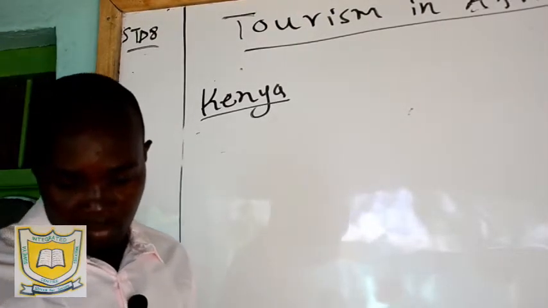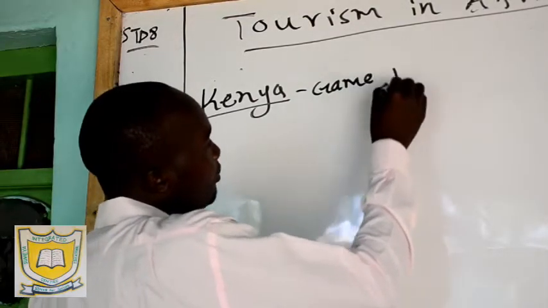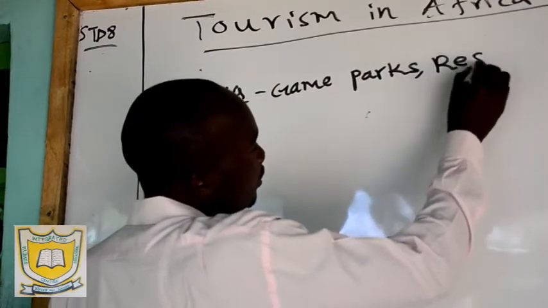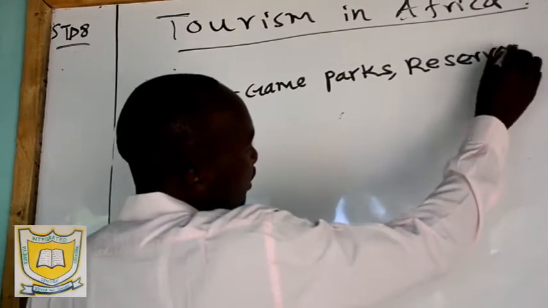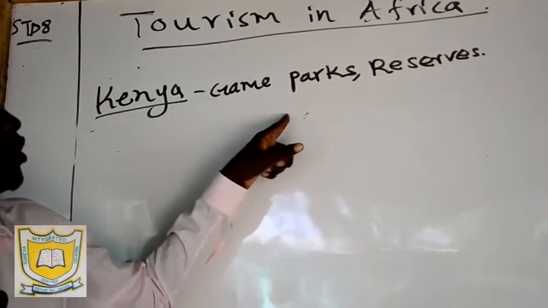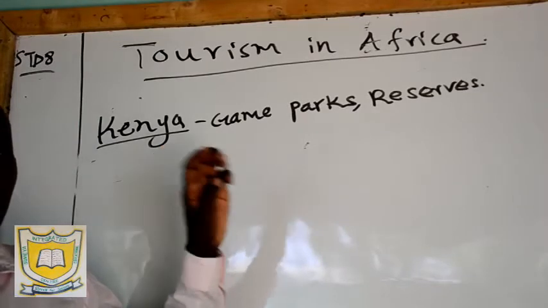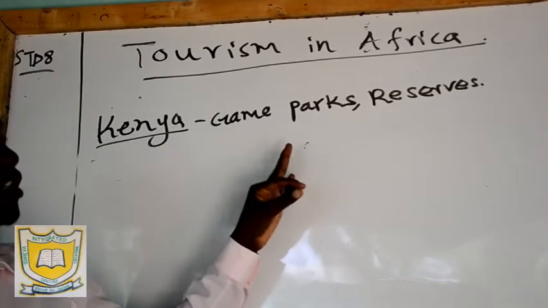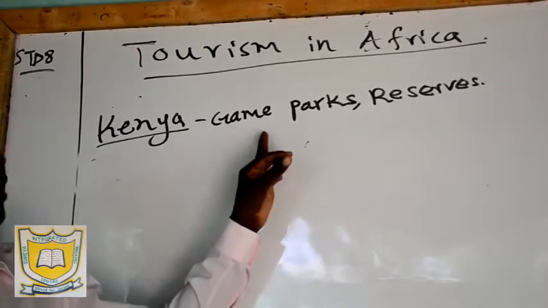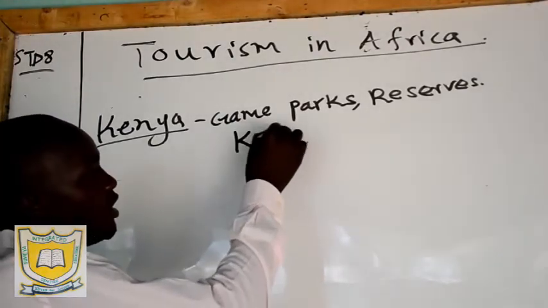In Kenya, we have game parks and reserves. We said game parks are areas set aside by the government to preserve wildlife, and no one is expected to go there to look after the animals in that area. No one is also expected to go and hunt the wild animals. So those are game parks. They are managed by the KWS, Kenya Wildlife Service.